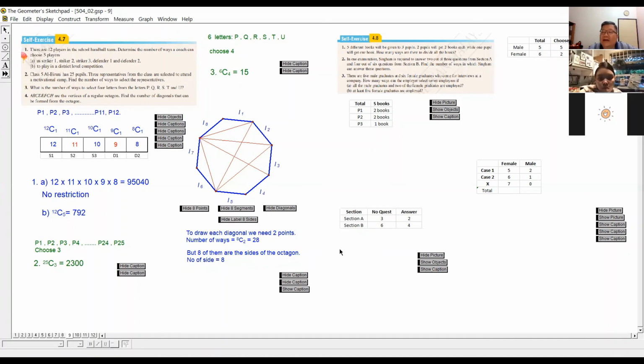So how many diagonals are there? I can draw 28 lines, but not all the 28 lines are diagonals. 8 of them are the sides of the octagon.